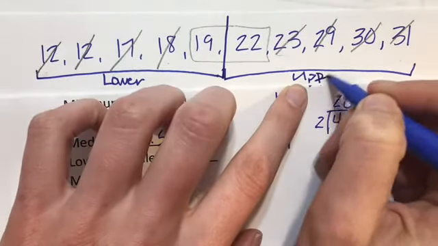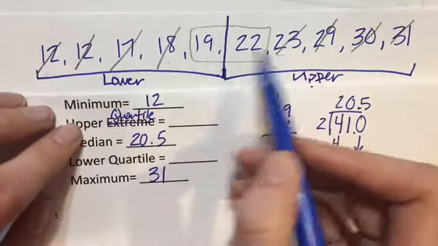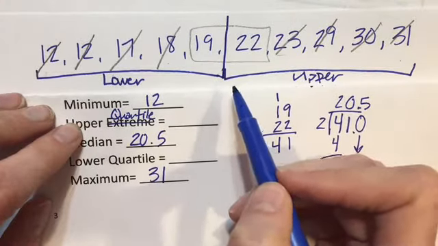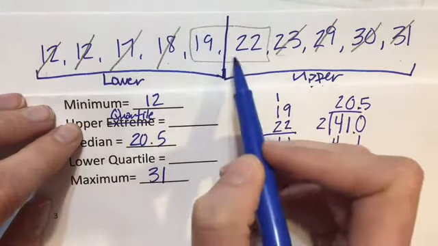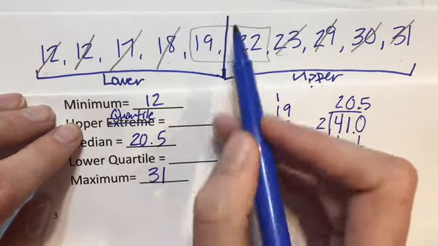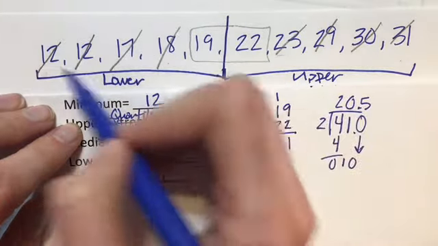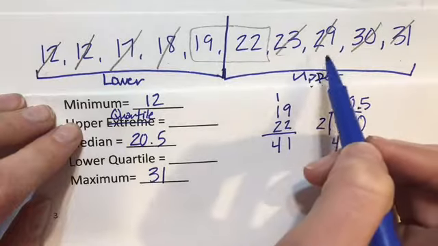Okay? So if there's only one median, you just exclude it, like in our previous problem. If there are two where we have to average them together, we split it down the middle, and the lower one goes with the lower set of data, and the larger one goes with the upper set.